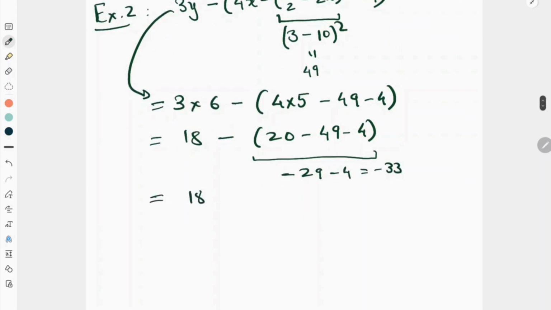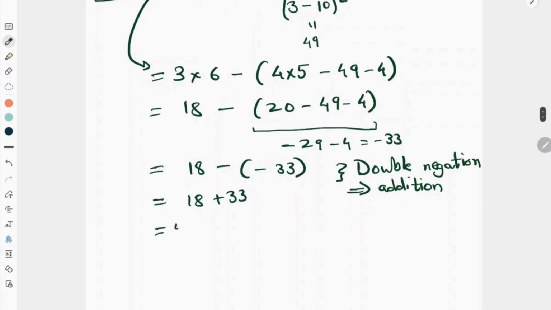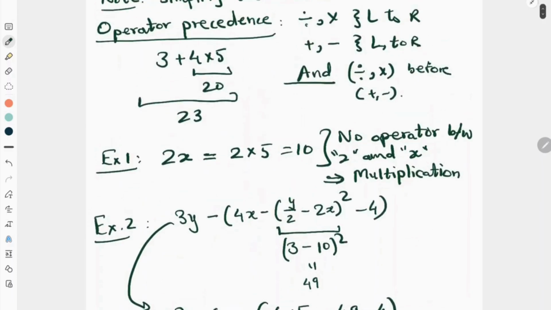So we have 18 minus of minus 33. Minus of minus is plus, double negation is positive. Double negation is addition. So we have 18 plus 33, which is 51. So that is the value of the second expression.